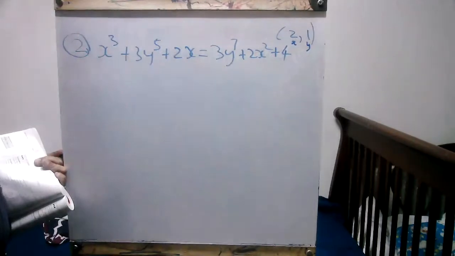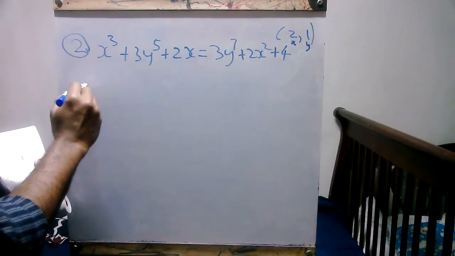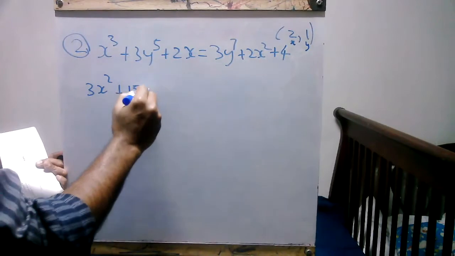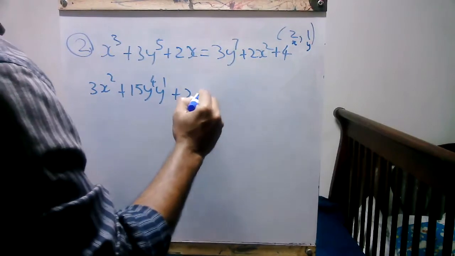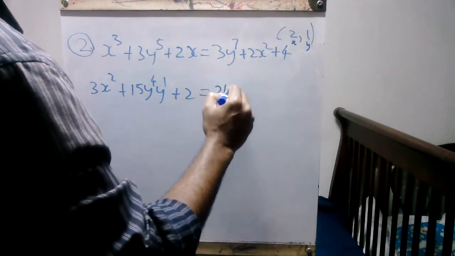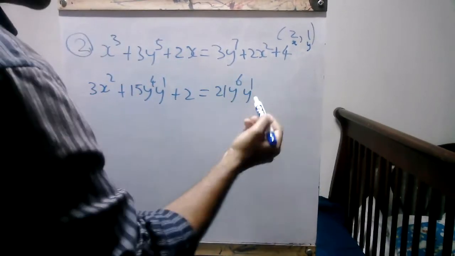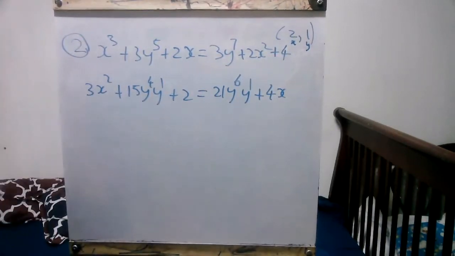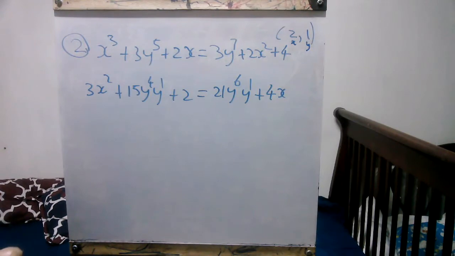When we differentiate, I get 3x squared plus 15y to the 4 y prime plus 2 equals 21y to the 6 y prime plus 4x. So that might be convenient when we have big terms, since it looks complicated.